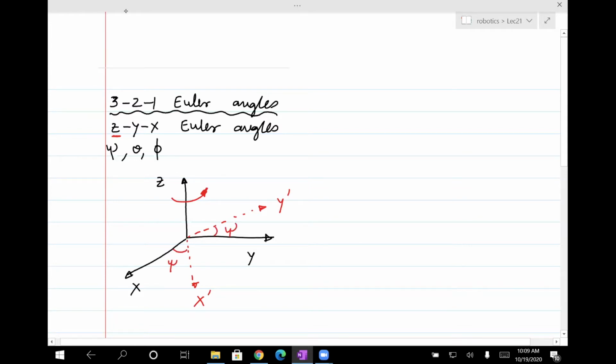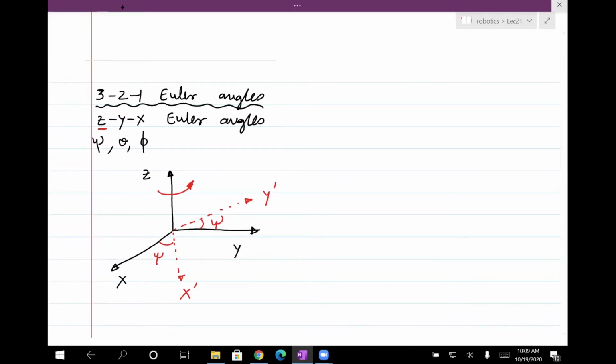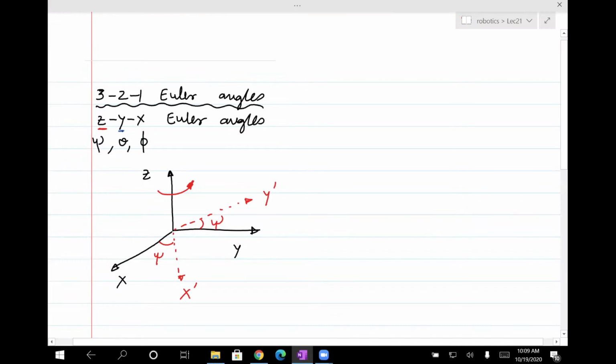Okay, that's rotation 1. Now let's rotate about the y-axis by an angle theta. I'll redraw the axes in the rotated frame, keeping z as it is, drawing the new y, which we'll call y prime, and then x prime. z is unchanged because we rotated about z.